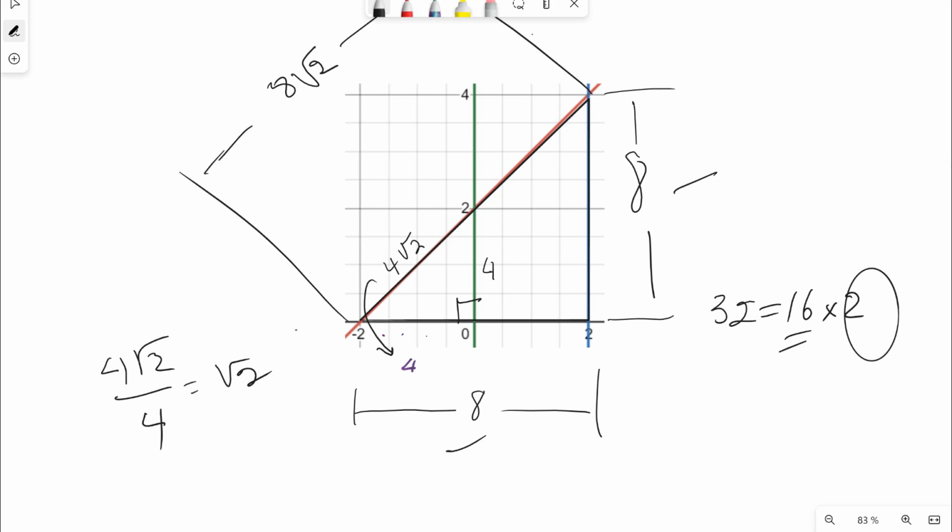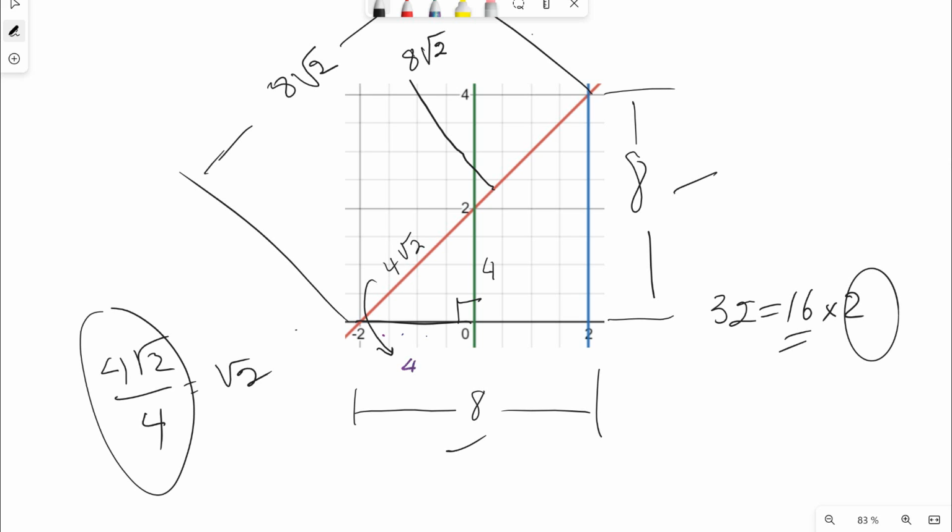Do the division of the corresponding sides of the bigger triangle. Divide now this side, square root of 2 times, instead of this, by this side instead of this.